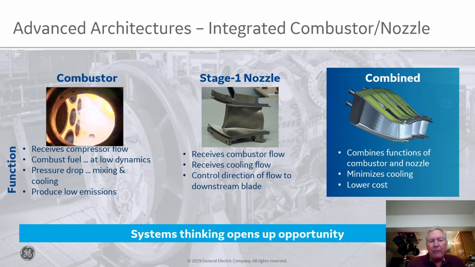but I wanted to show this example of a program we've been working on with the Department of Energy to look at the possibility of combining the functions of two otherwise separate components in a gas turbine. Those components are the combustion system and the stage 1 nozzle, so the stationary nozzle at the first stage turbine.